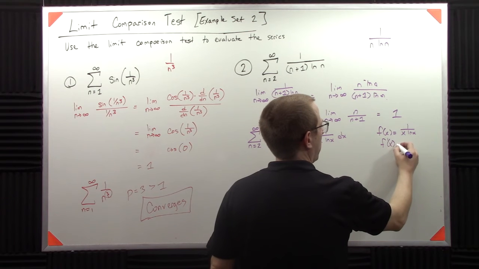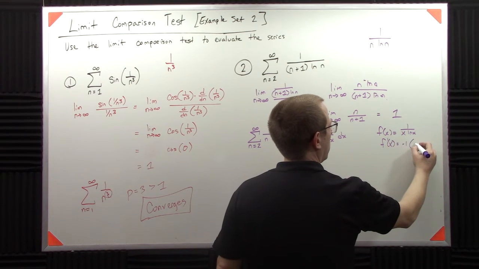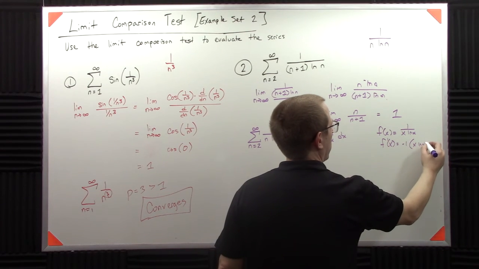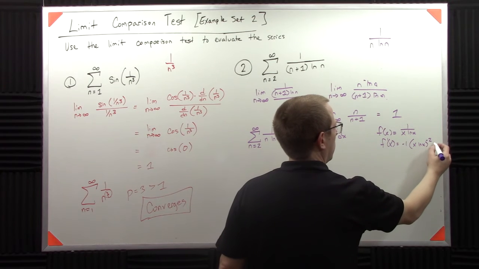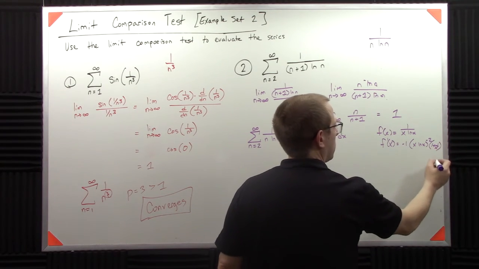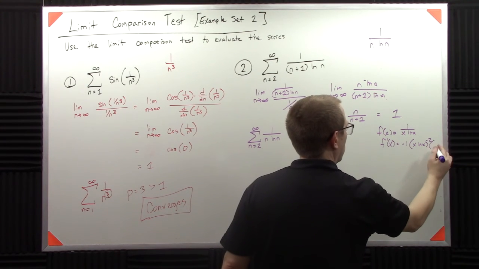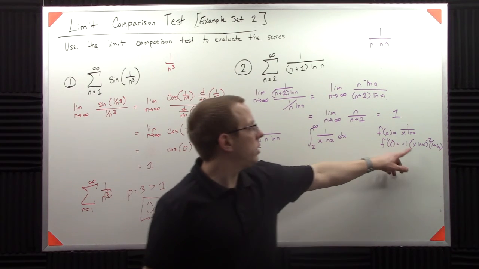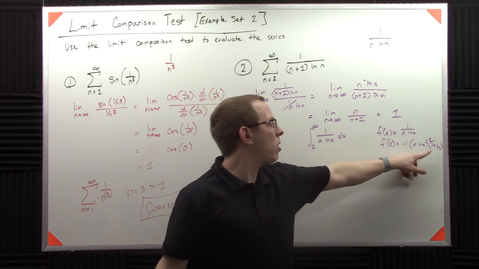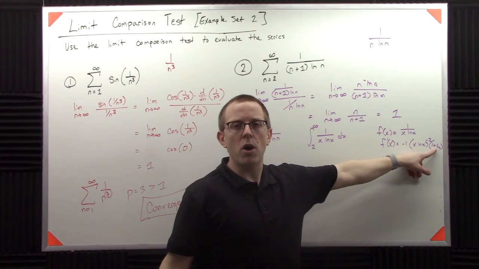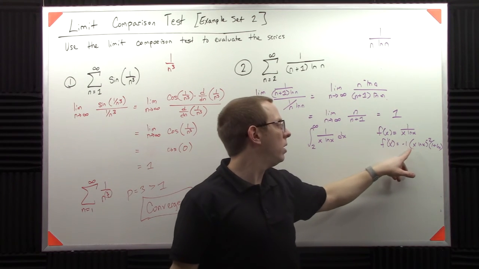So f prime is negative 1 over x natural log x to the negative 2 times 1 plus natural log x, sorry. And so this is going to be something squared, so it's always positive. Natural log is positive for any value greater than 1.